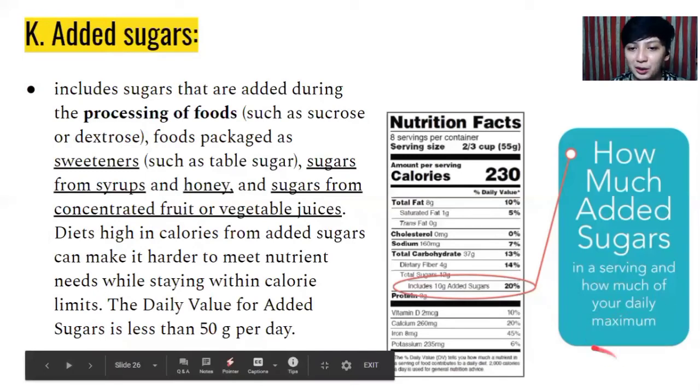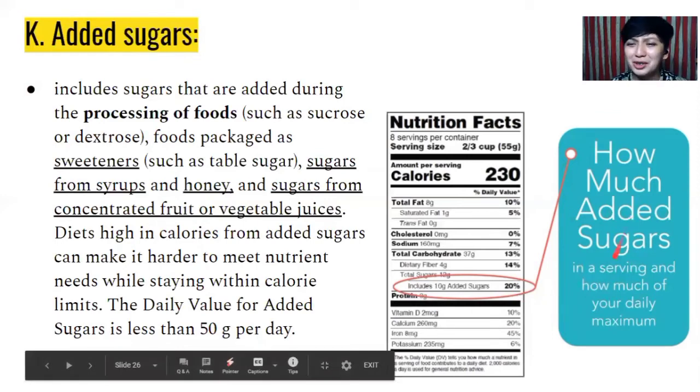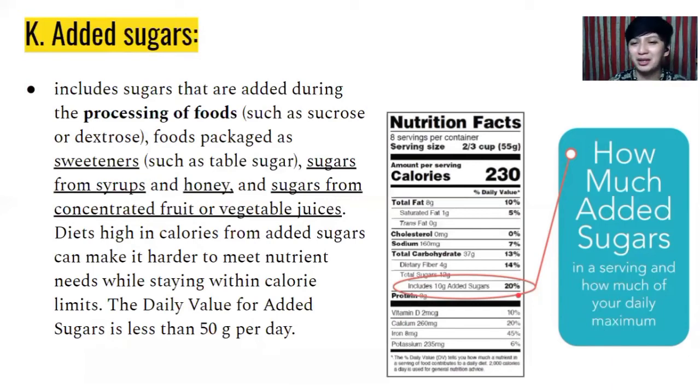So you can see here that the added sugar is 20%. Okay, how much added sugar is needed? Okay, in a serving, and how much of your daily maximum? Might as well 20% or lower than 20%. Maybe that's okay for you to, not to exercise eating a lot of sweets.